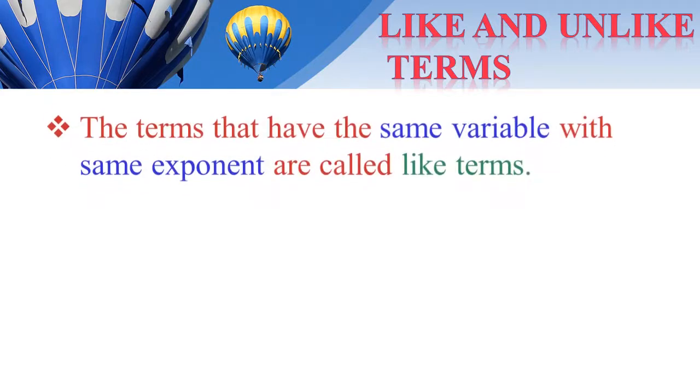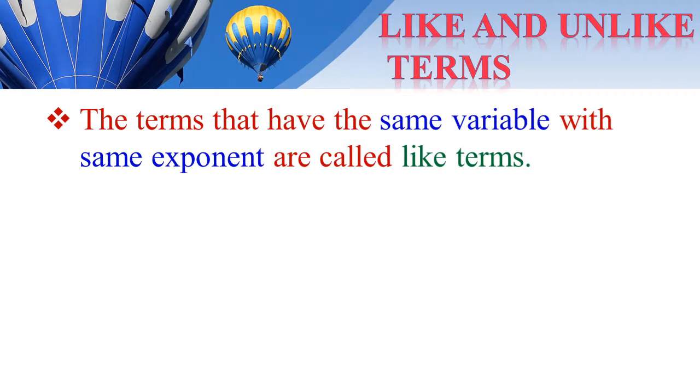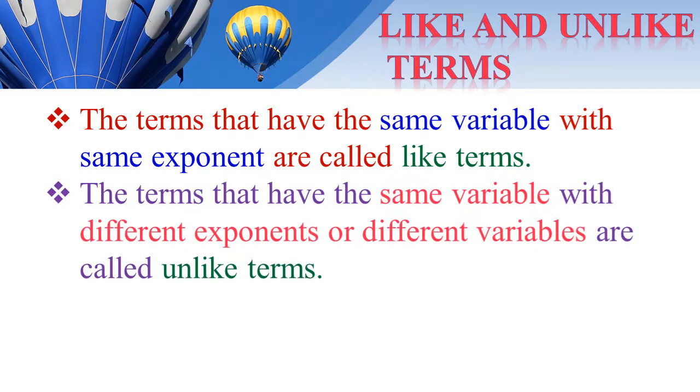Let's see what are the like and unlike terms. The terms that have the same variable with the same exponent are called like terms. Next, the terms that have the same variable with different exponents or different variables are called unlike terms.